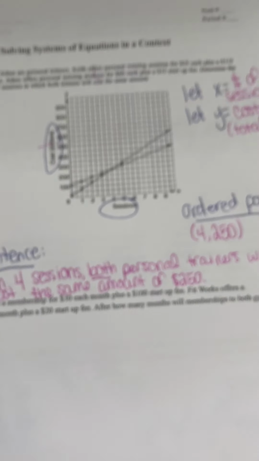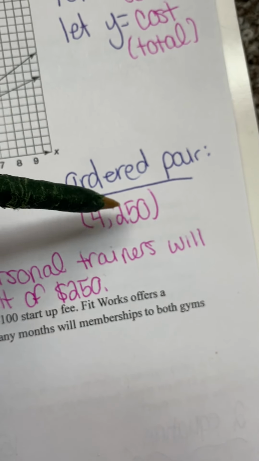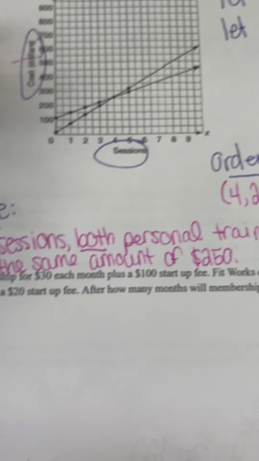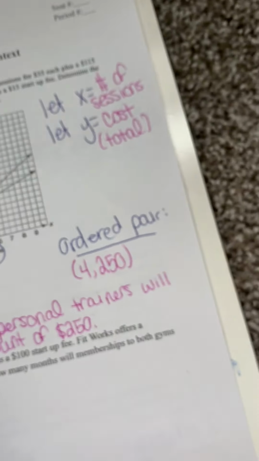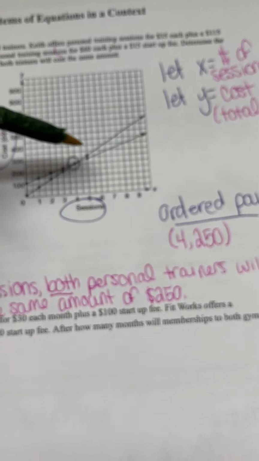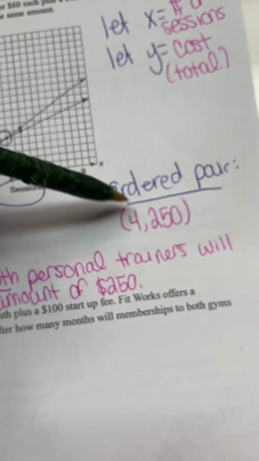Now, what I did is I found the ordered pair. That is the answer. Remember, in a system of equations, your ordered pair is the answer, so let's go ahead and circle that together. That ordered pair was (4, 250).